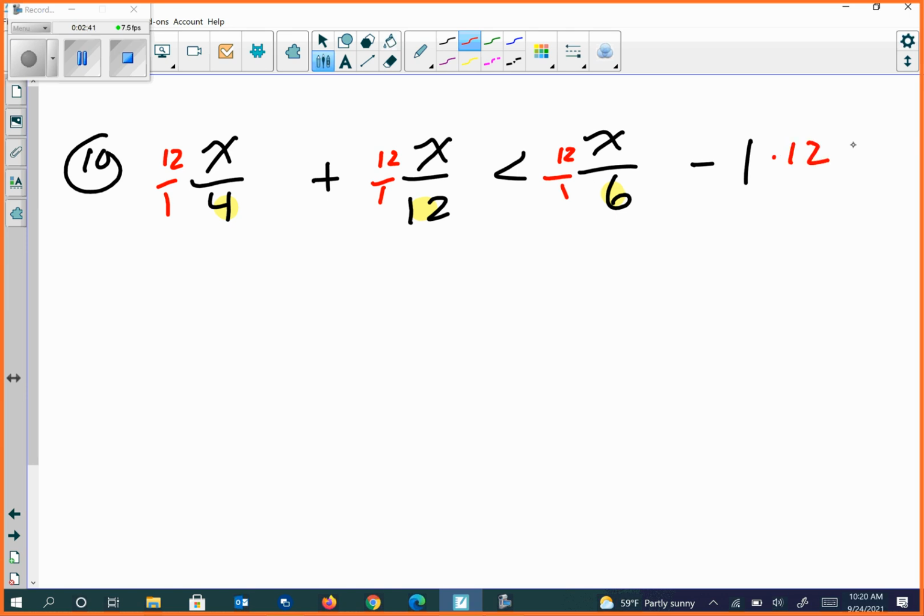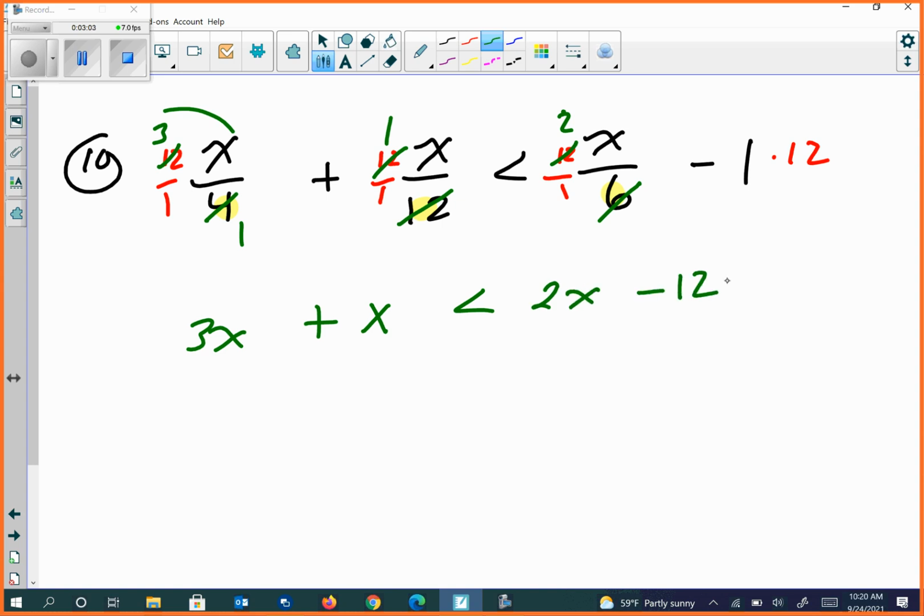Is that okay? So that goes in 3 times, so 3 times x is 3x, plus sign. 12s cancel out, so that's a 1. 1 times x is just x, or 1x. Is less than, 6 goes into 12 twice, 2 times x is 2x, and then minus 12.